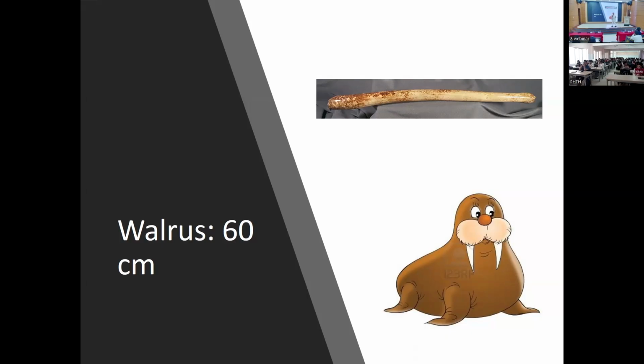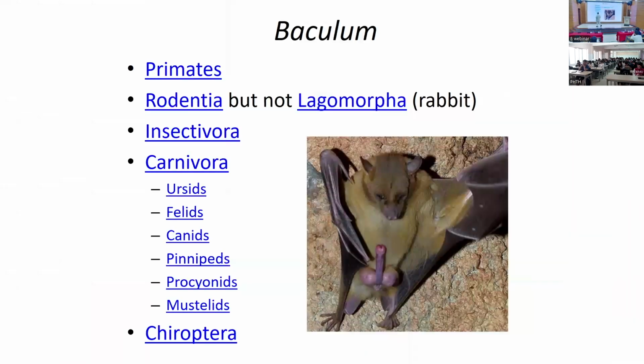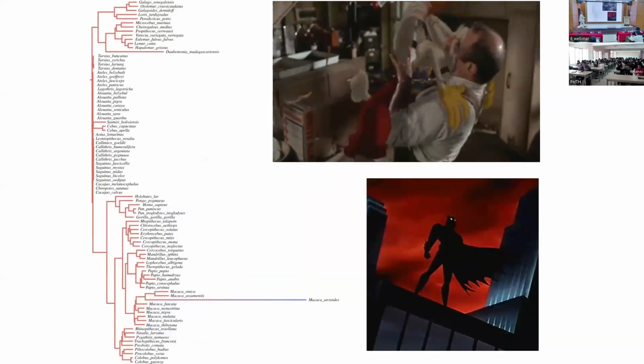And in fact, the Inuit population use this bone as the representation of power. Only the chief of the village can handle this bone because it's the representation of the real power, a big one. So the bone is present everywhere. Only the rabbits do not have the bone, but the rabbits are doing sex as rabbits, like this one.